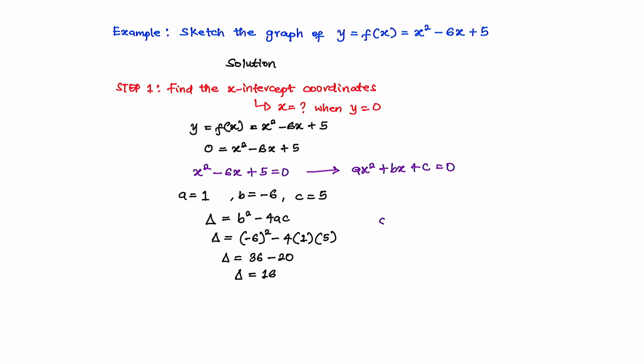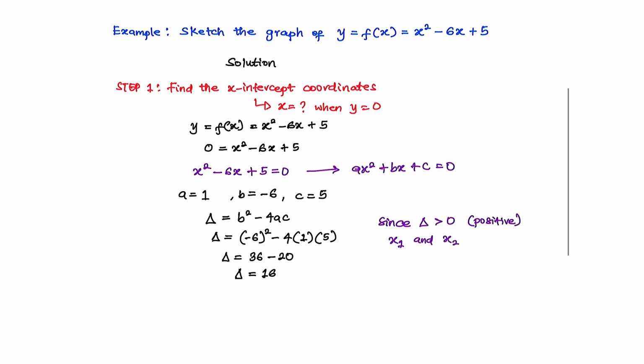So since delta is greater than 0, that is delta is positive, this means we will have two real roots. So we will have an x1 and x2. We will have two x's.